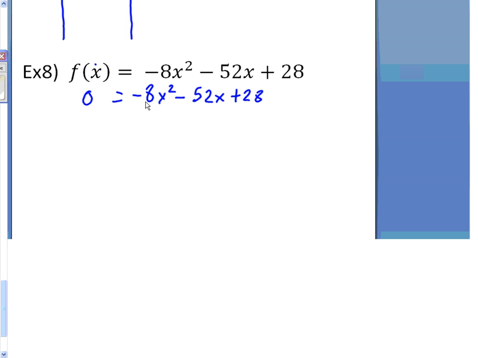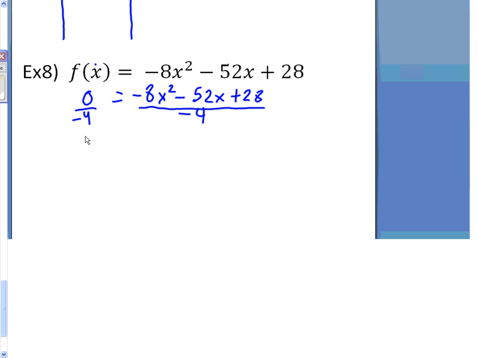Ooh, it's negative, so I want to divide by a negative, but I also notice that these are all multiples of 4. So I'm going to start off really smart and divide both sides by a negative 4. I divided by a negative 4 because I want to get rid of this negative coefficient of the x squared, right? So be careful with that. Divide by a negative and divide by 4.